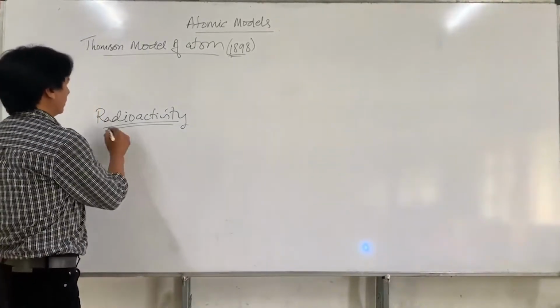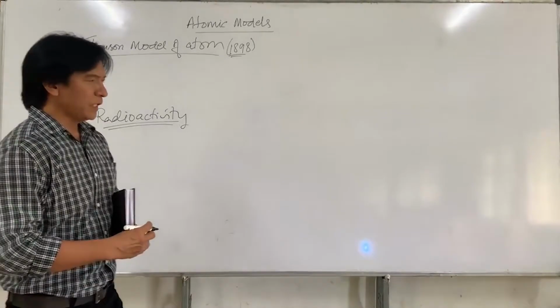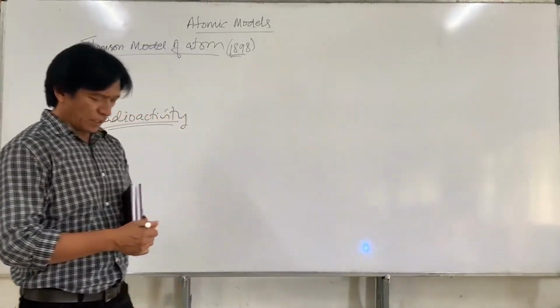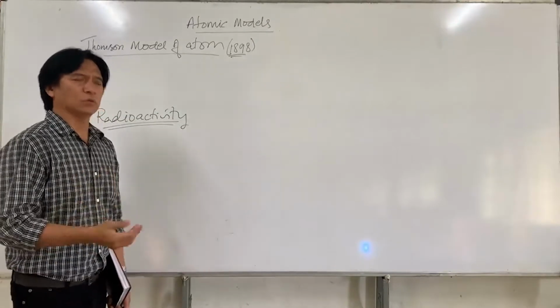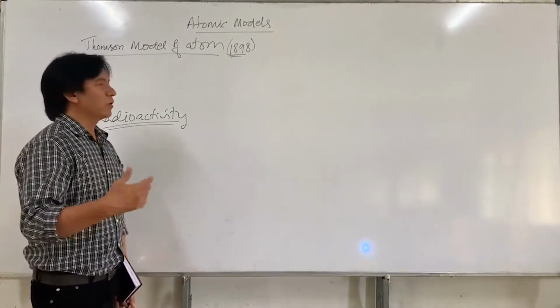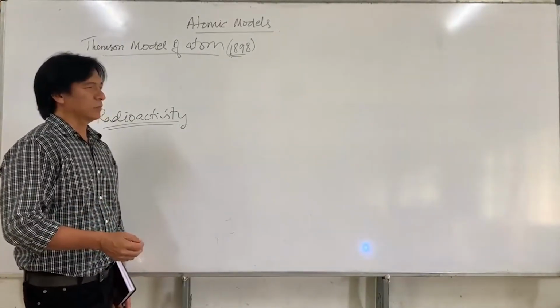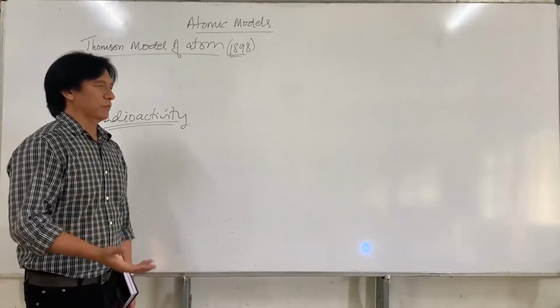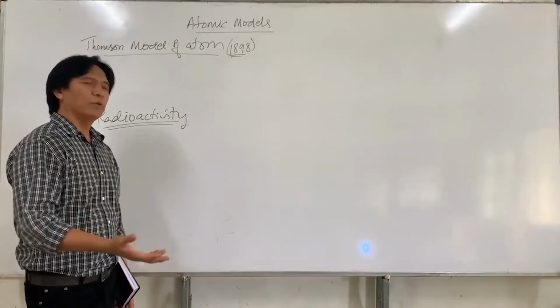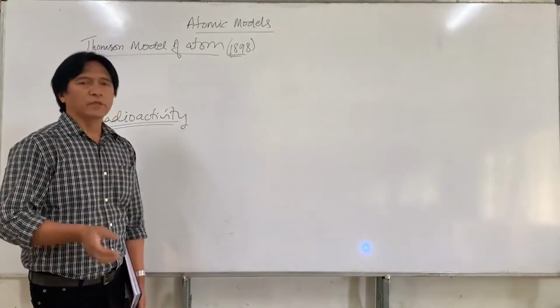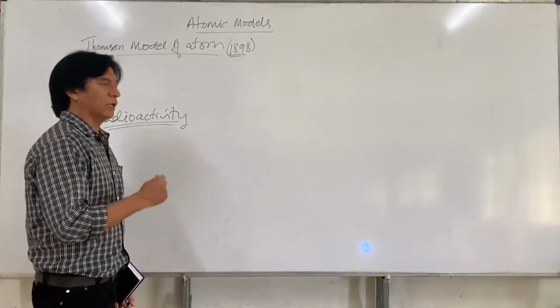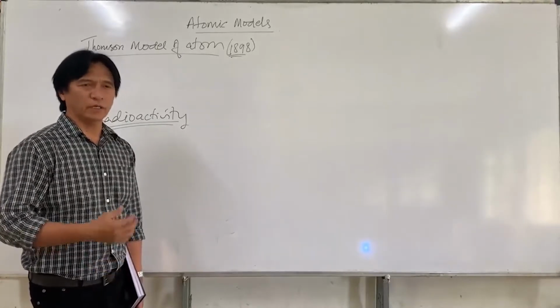Now, talking about radioactivity, some elements have the property of emitting radiations on their own. So this phenomenon of some elements having the property to emit radiations on their own is called radioactivity, and these elements are called radioactive elements.